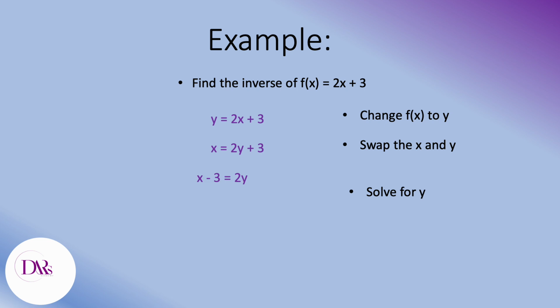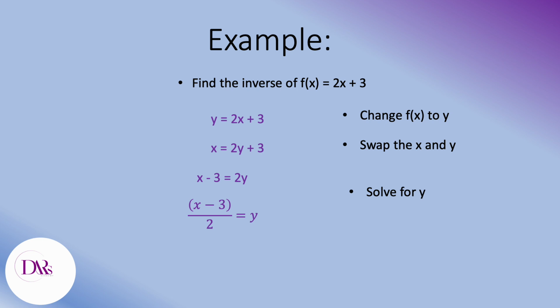So in this instance, we subtract 3 from both sides. Now we're left with x minus 3 equals 2y. Then we will divide both sides by 2, and that leaves us with x minus 3 divided by 2 equals y.